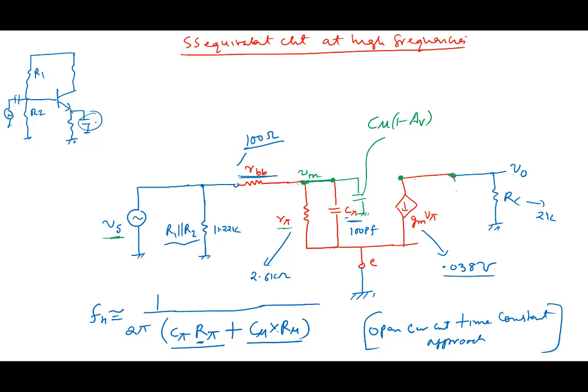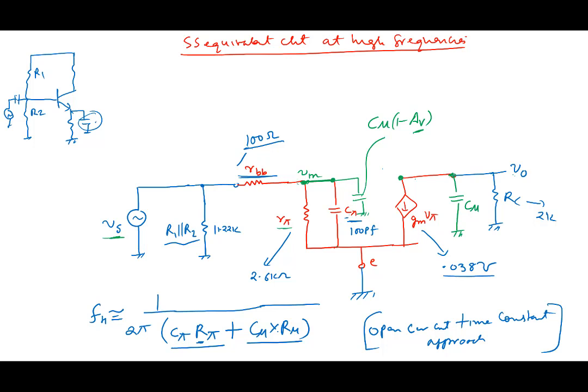And we take another capacitor and put it at the output, to ground, which, if the gain is large, is practically equal to C mu. So we've taken the capacitor out and replaced it by these two capacitors.